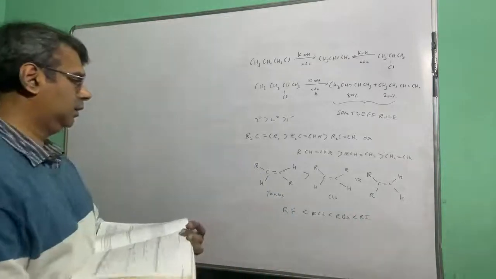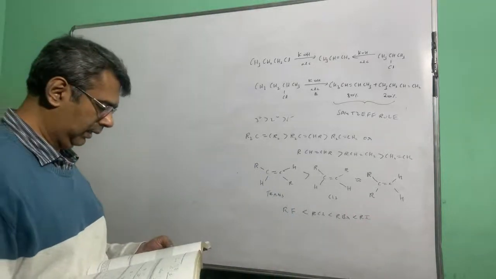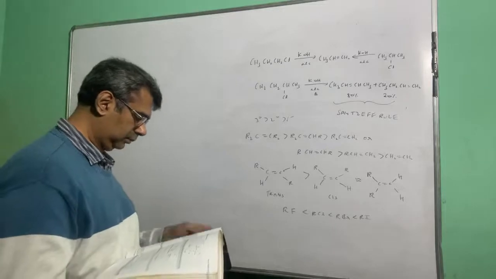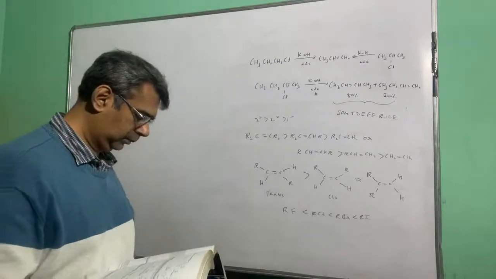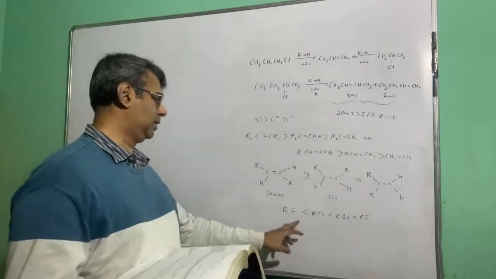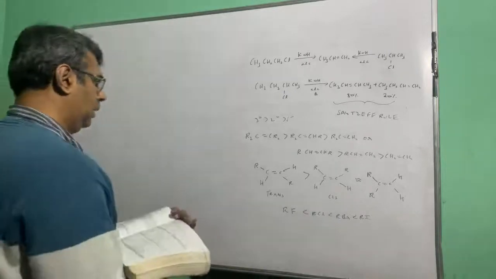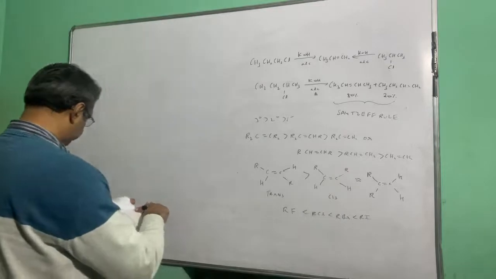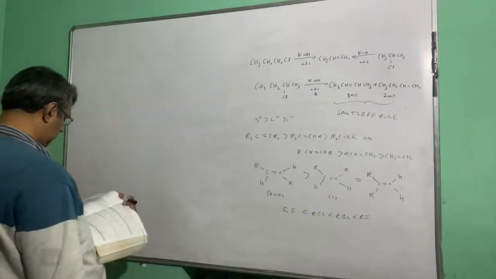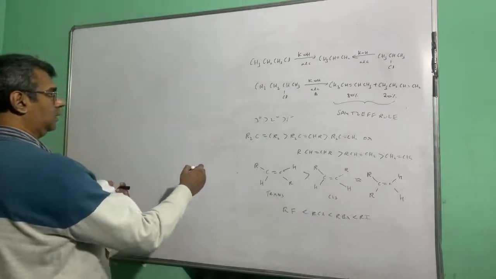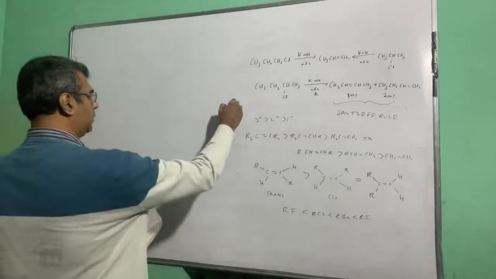Then regarding the alkyl halides, RF less than RCl less than RBr less than RI. Another thing is that a bulky base is preferred.